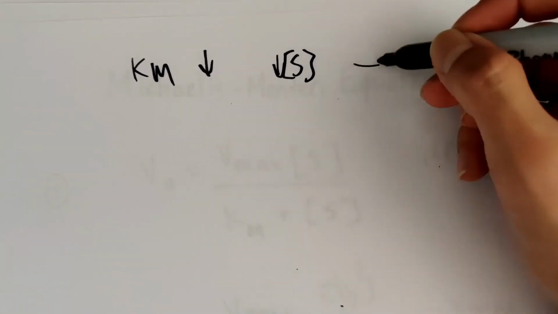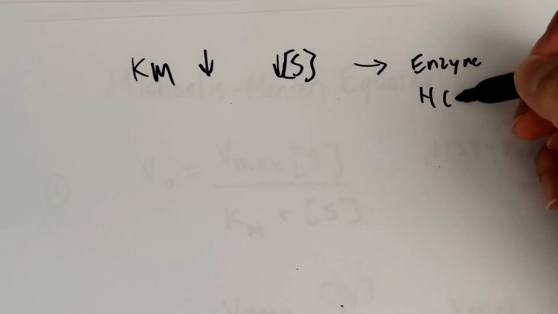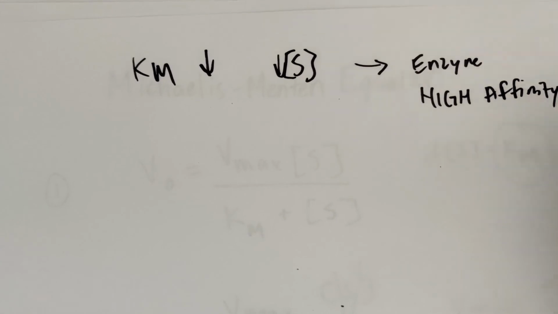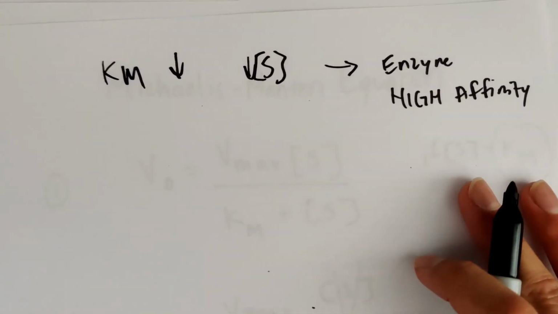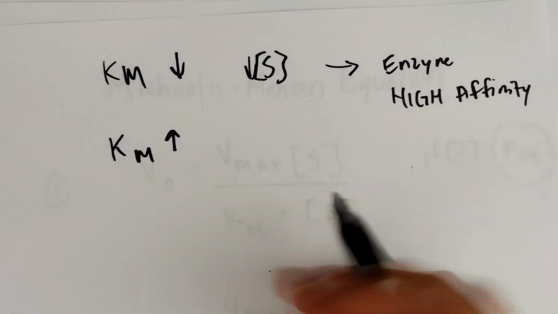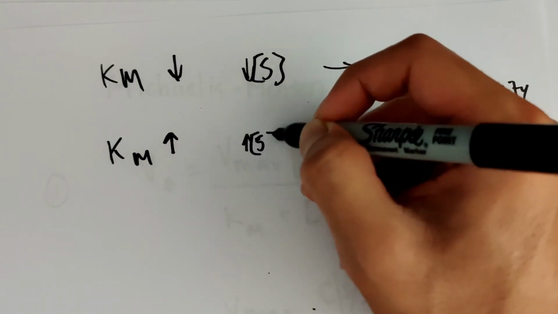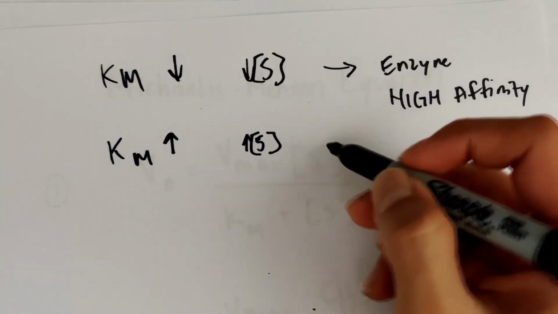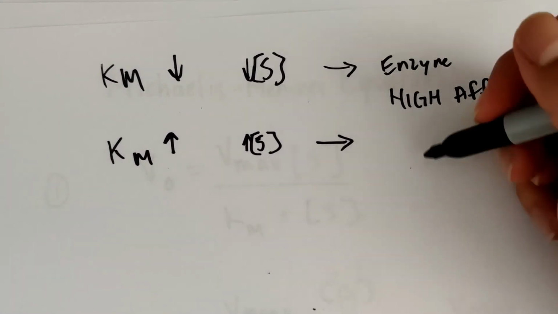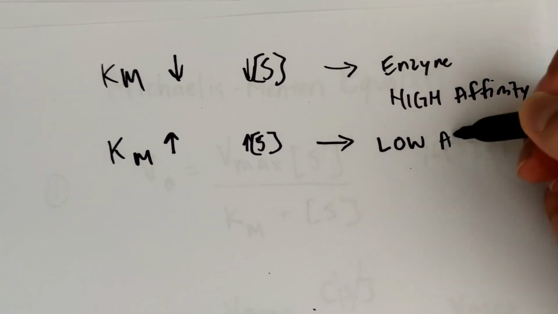So as a result, that tells us that our enzyme has a high affinity for that substrate. Now conversely, if Km is high for a given reaction, then that means that we actually need a lot of substrate concentration in order for the enzyme to bind to it and get to half Vmax. So what we say is that the enzyme has a low affinity.